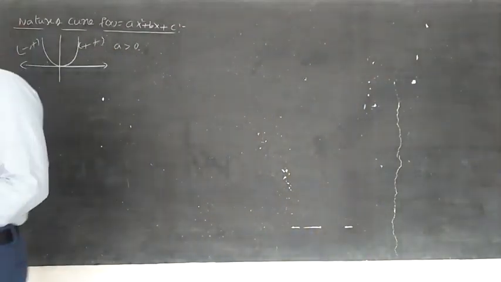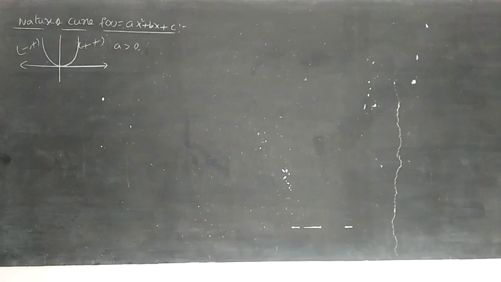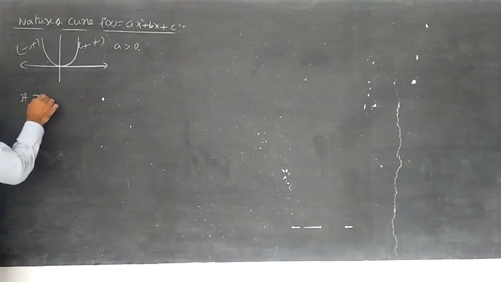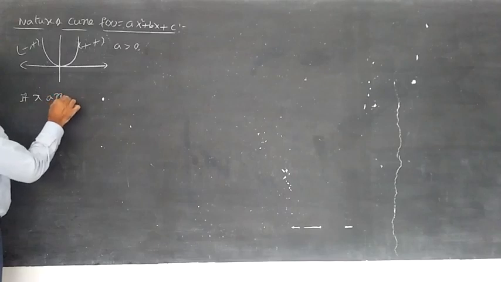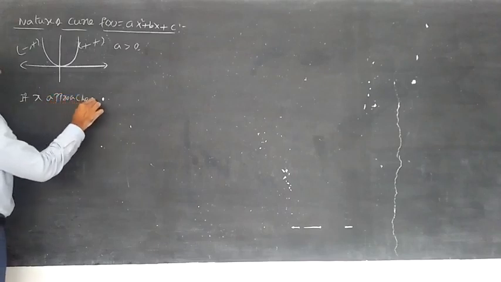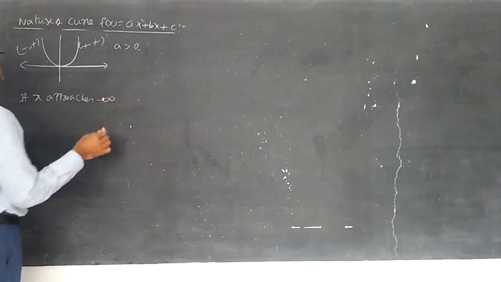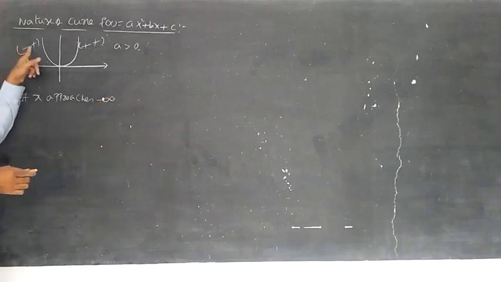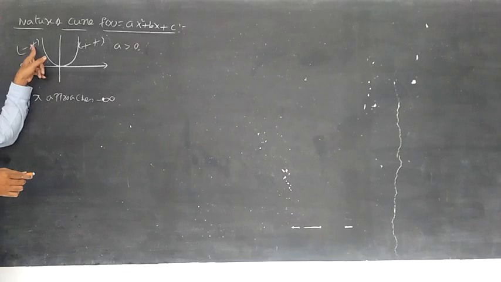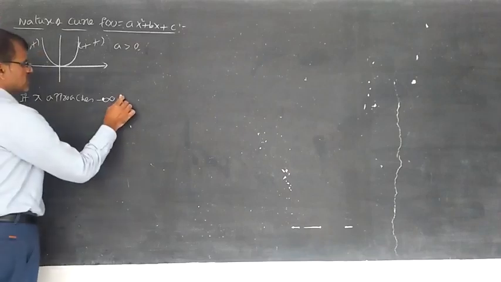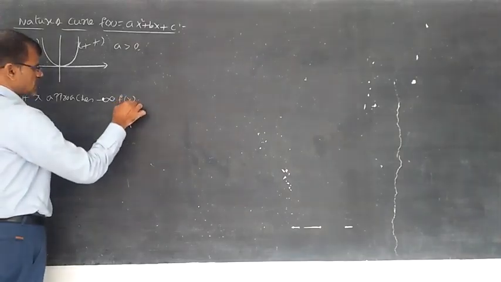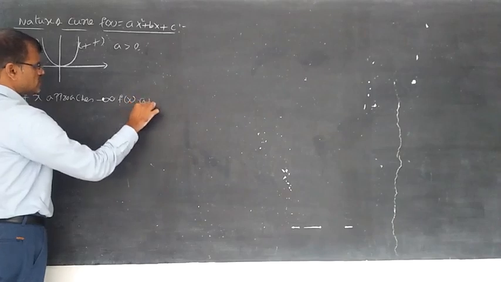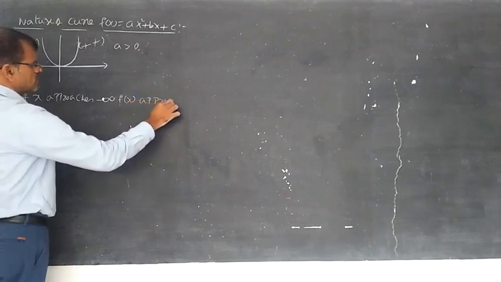Now we can discuss that if x approaches minus infinity, according to the plus plus minus plus concept, you can write: if x approaches minus infinity, then what does y become? If you put minus, you are also getting plus. Then you can say f of x, that is the curve or y, approaches plus infinity.